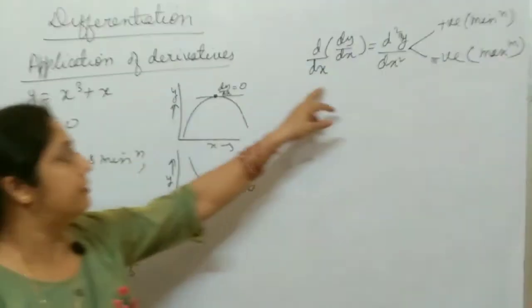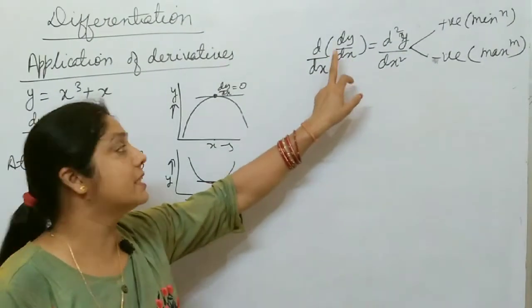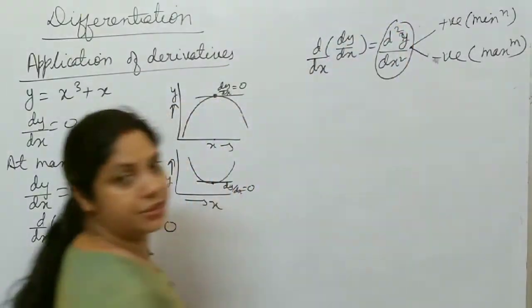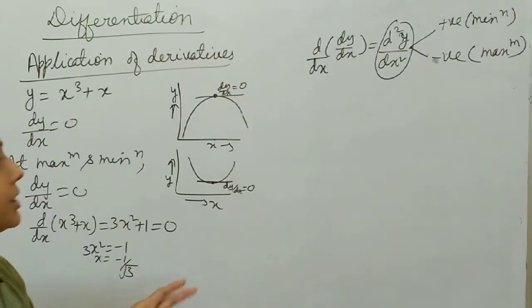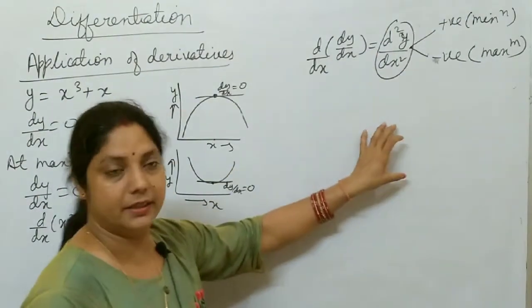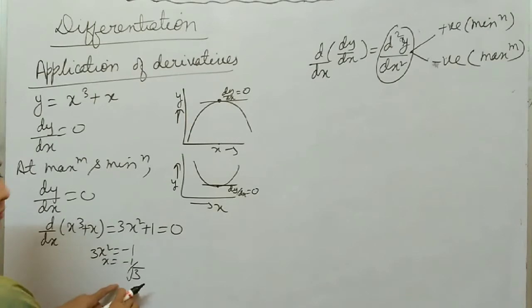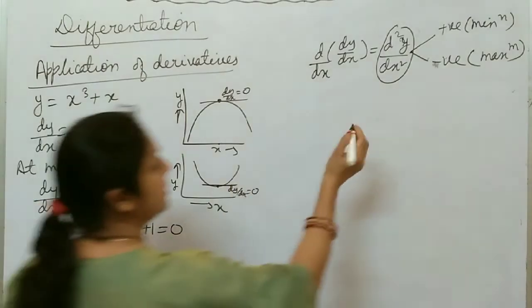For that, you again differentiate that derivative. It means second order differentiation. Differentiate one function two times, then you get d2y by dx square. So here in this question, the value is negative.